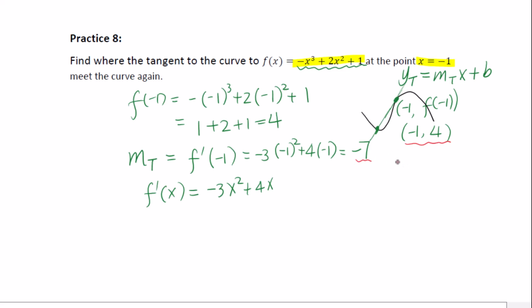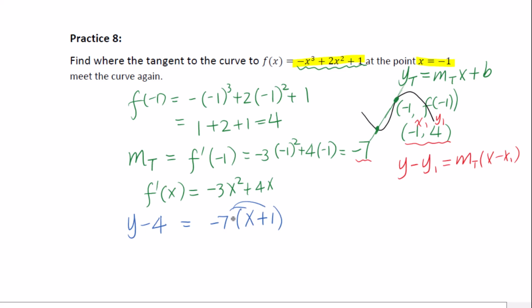We are given the point and also the slope. We can use point-slope form, which is y minus y1 equals slope times x minus x1. This is x1, y1. So we get y minus 4 equals, slope is negative 7, x minus negative 1 is x plus 1.